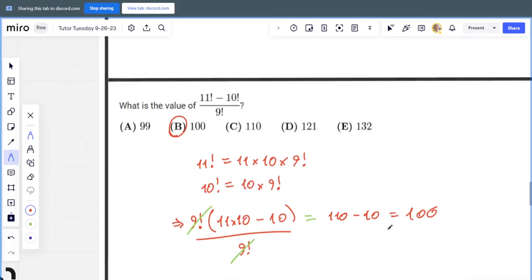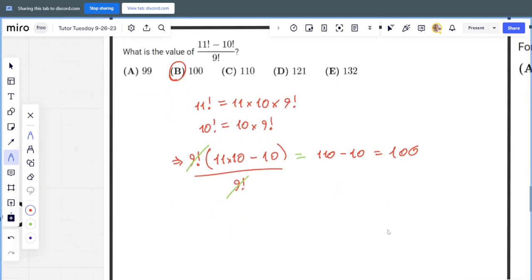For those of you guys who don't know, the factorial is just defined. Let me do a different color. Factorial is just a shorthand way of writing repeated multiplication of a decreasing number. So if we start with a number n, then n factorial represents the quantity n times n minus 1 times n minus 2, and so on until we multiply by 1.